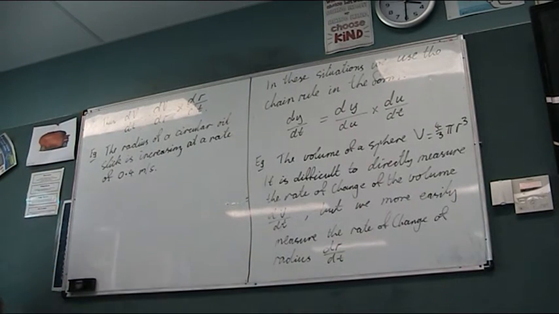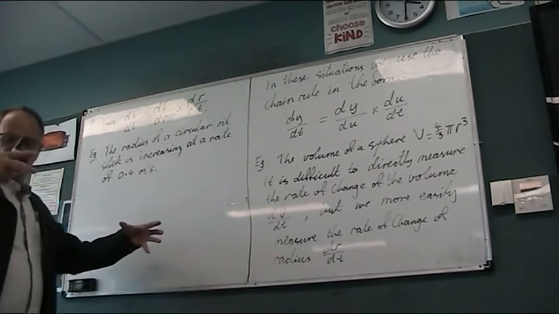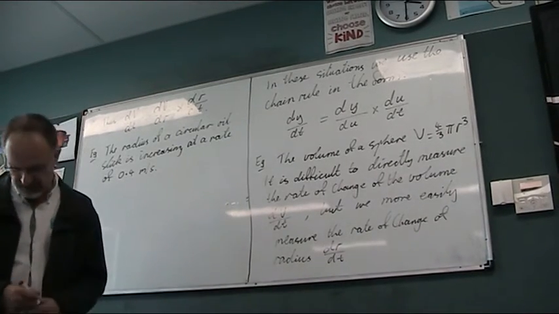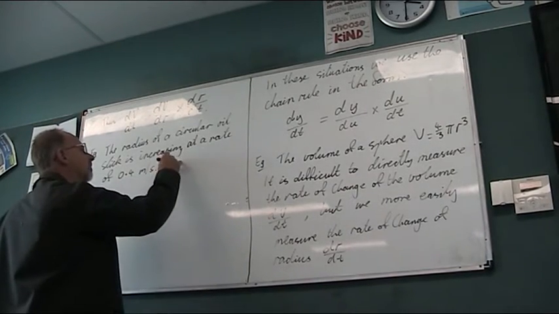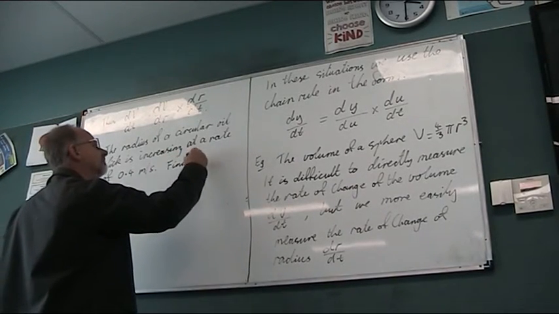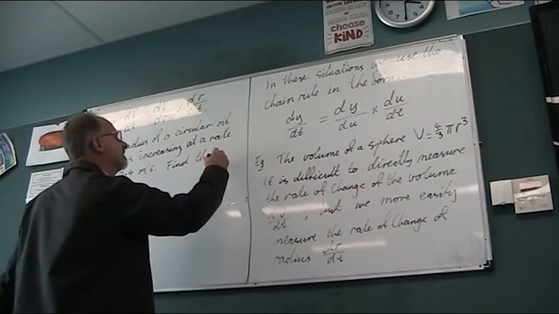Right, so in this example, we've got the radius of a circular oil slick, and the radius is increasing, it's getting bigger. So the radius is increasing at 0.4 metres every second. And so what we might want to do is find the rate at which the area is changing.